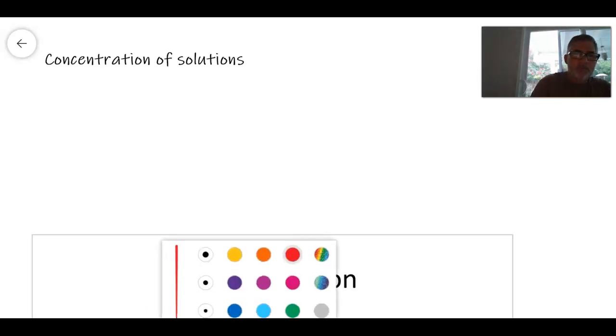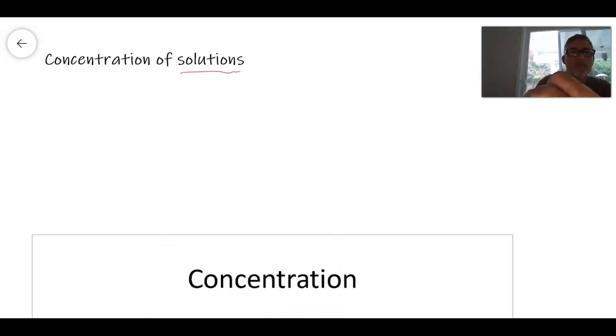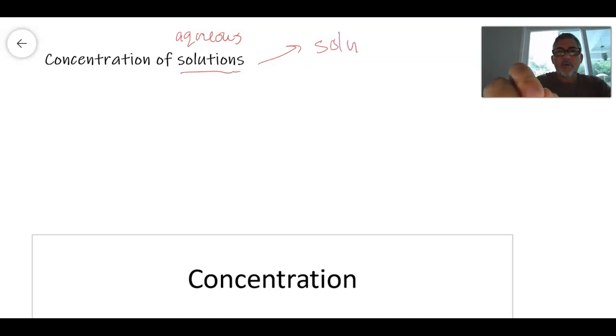So as we start, let's define solution. We're going to concentrate mostly on aqueous solution. Aqueous solution, remember, is when something's dissolved in water. So we have solutes and we have solvents.